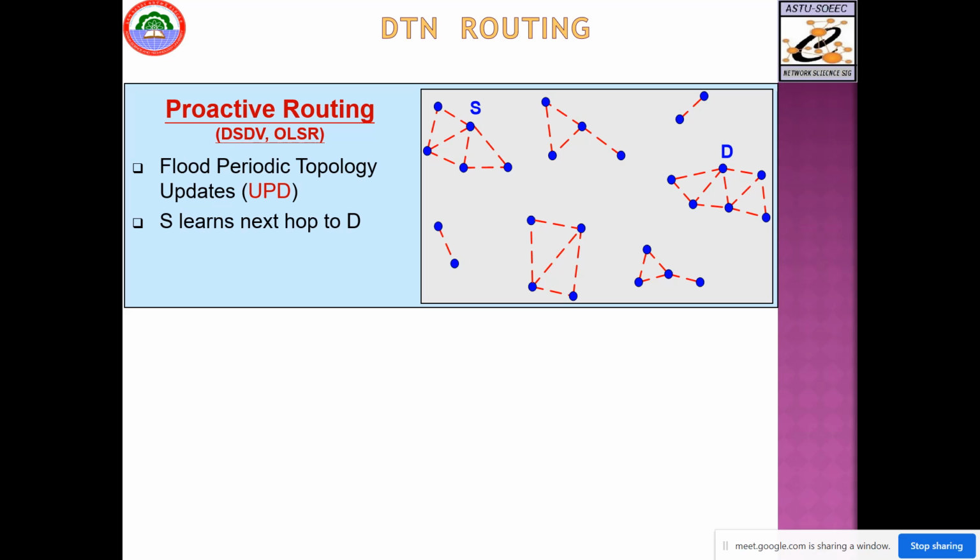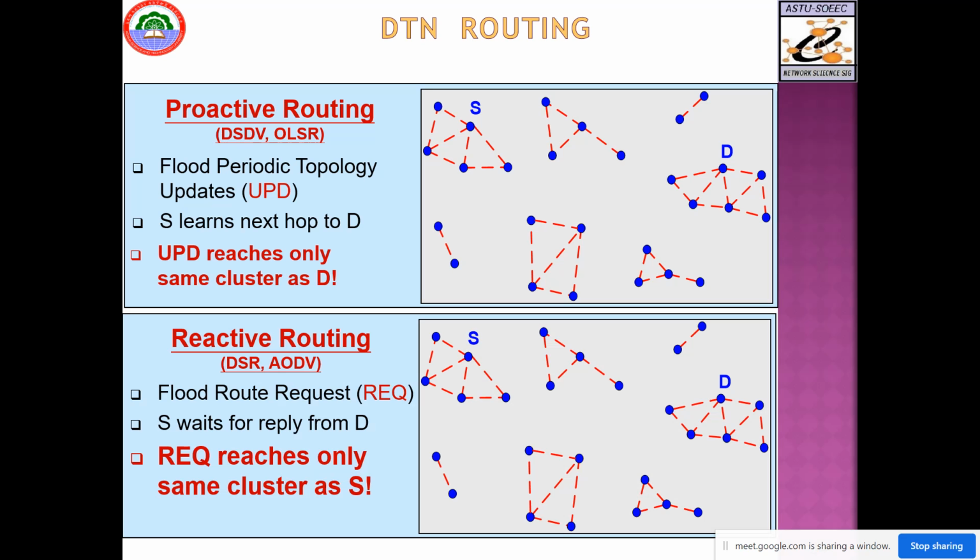When we come to routing, we have two categories of routing in DTN. One is called proactive and the second is called reactive. The basic difference is that in proactive routing, before initiating the communication, everything is known to the source node as well as the destination node.